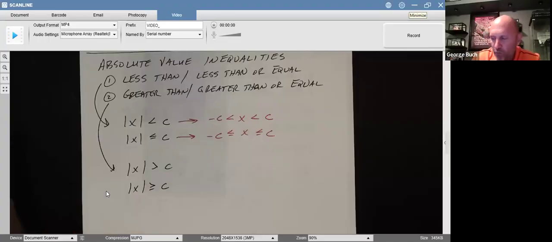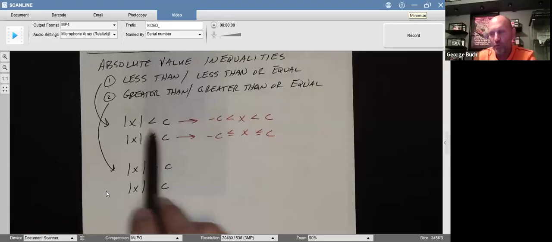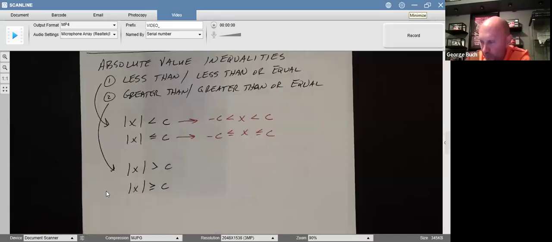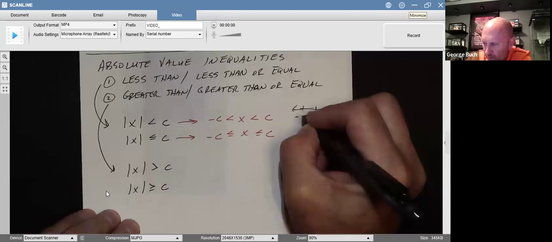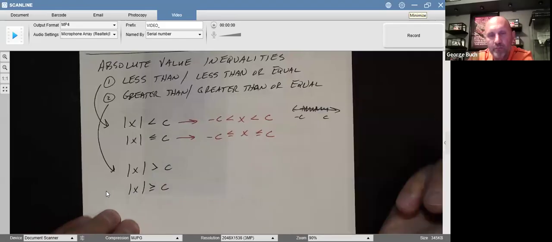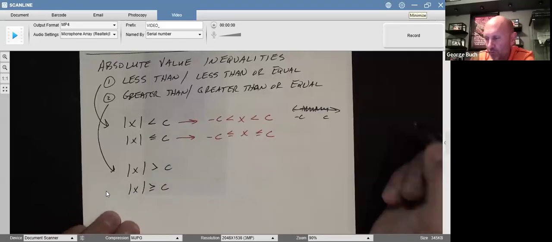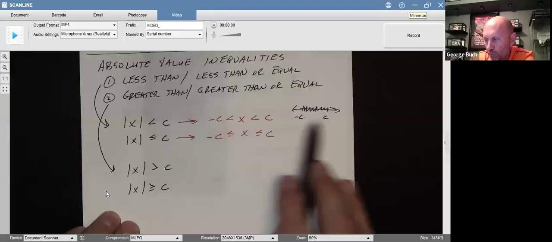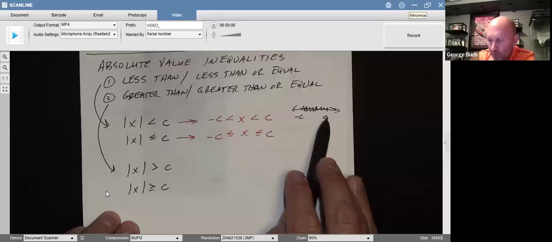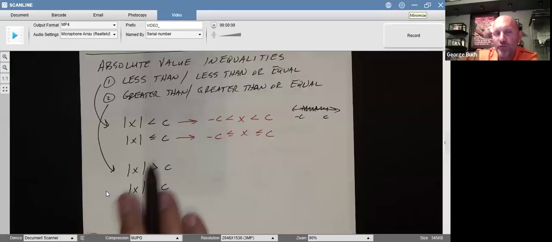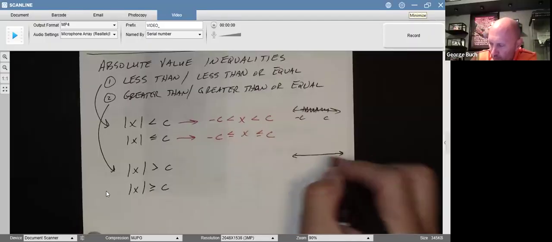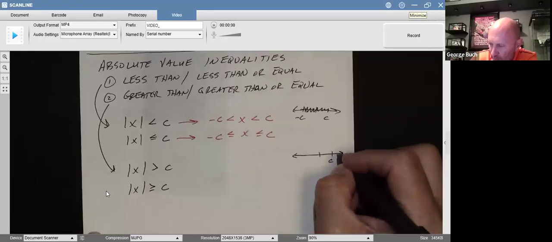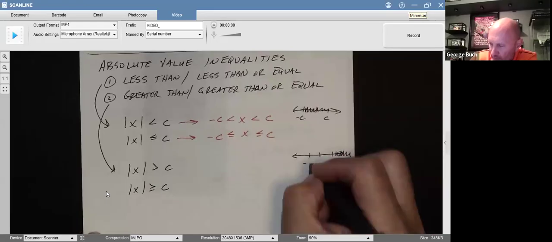So this one up here means that if I was to draw this, here's zero, I'm out here at c and down here at negative c, and it's all this stuff in between. That's what this absolute value is saying, it's between both sides of this c. But now it's saying I have to stay away from zero. So on a number line, it's c, but it's got to be bigger than that, or negative c and less than that.